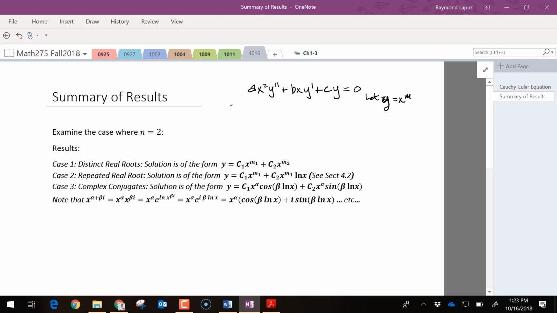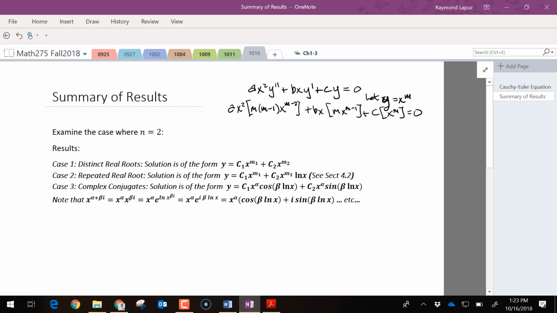And then we're going to get a x squared, and the two derivatives of this is m times m minus 1 x to the m minus 2. So that's y double prime. For b x, the first derivative of this is m x to the m minus 1, plus c, and then it's just the original function.